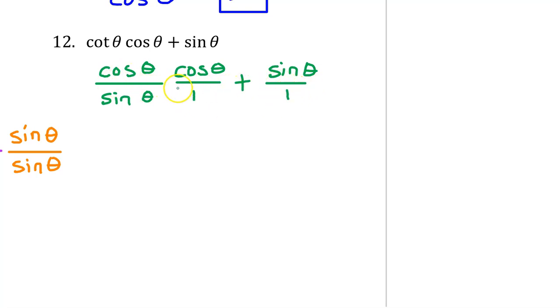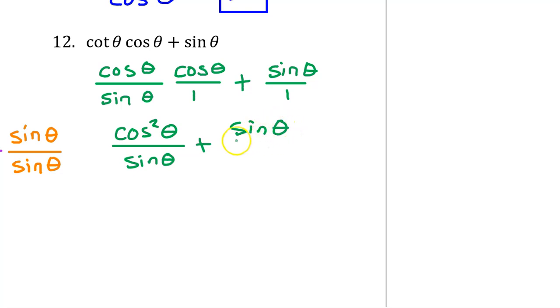So multiplying these two fractions together, we have cosine squared theta over sine theta plus sine theta over 1. Let's get like denominators so we can put these together.